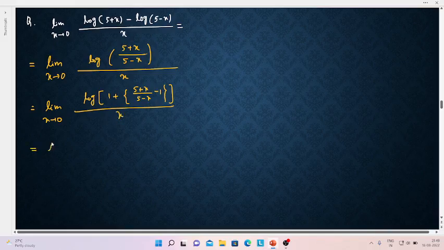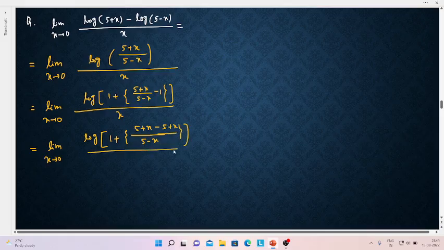Taking 5 - x as LCM, we have (5 + x minus 5 plus x), and in the denominator we have only x.